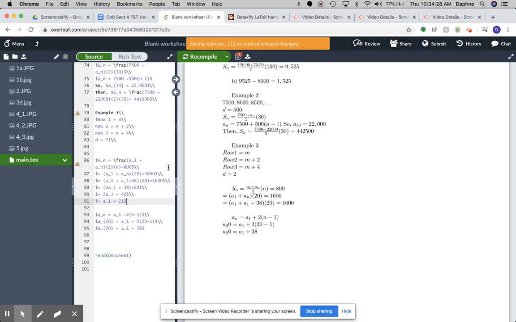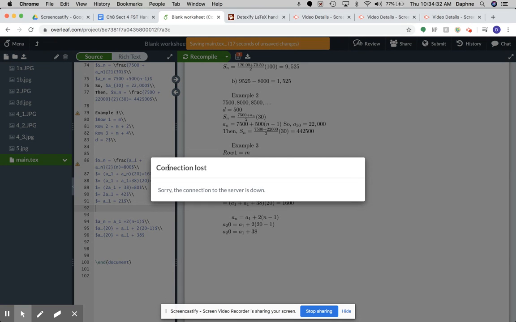So there are 21 seats in that first row. Did they get 21? Yeah, they got 21.